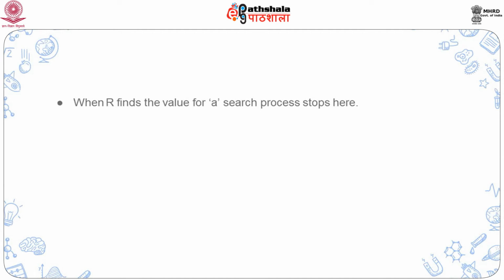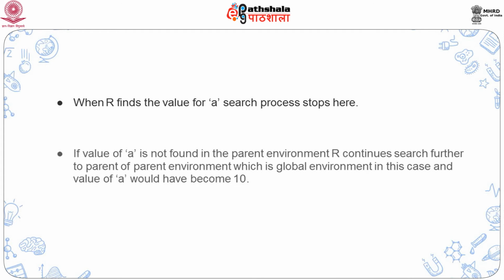When R finds the value for a, the search process stops here. If the value of a is not found in the parent environment, what happens then? Then R continues the search further to the parent of the parent environment, which is obviously the global environment in this case, and the value of a would have become 10.